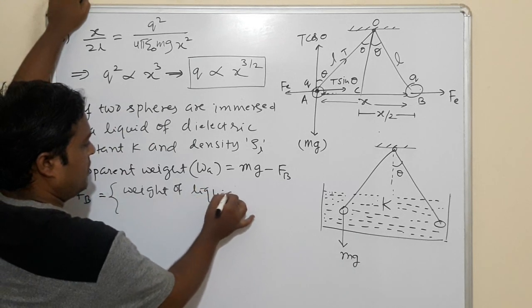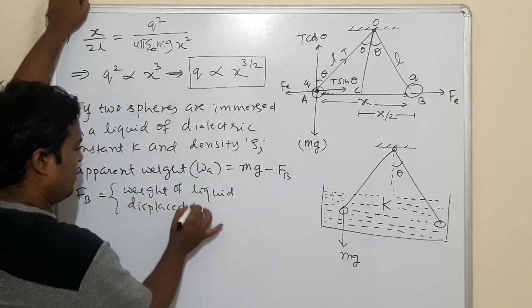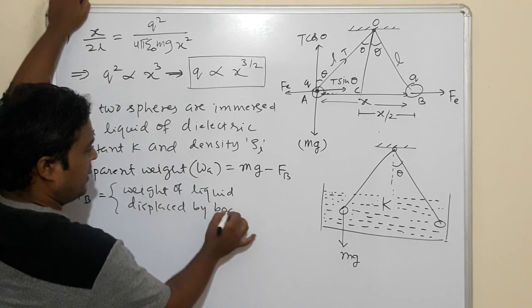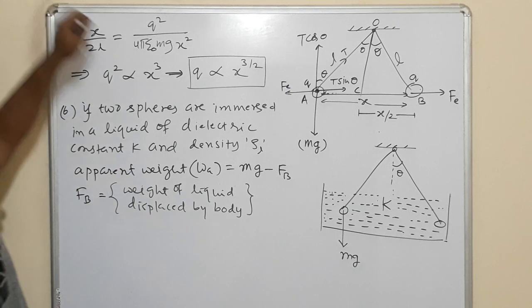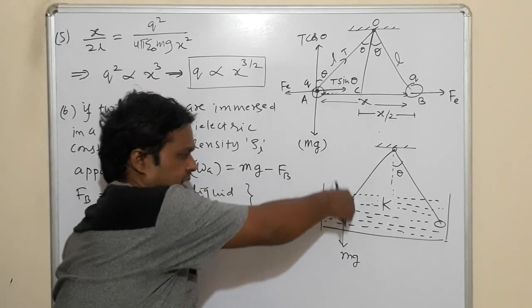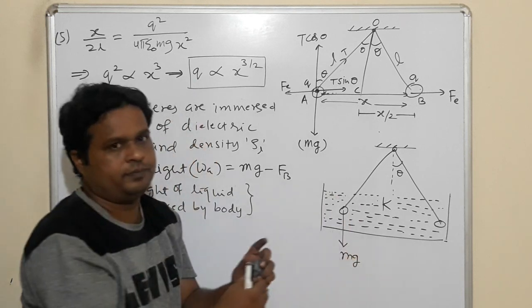When it is immersed in, buoyant force is equal to weight of liquid displaced by the body. That means after immersing inside the liquid, it is going to displace some water.